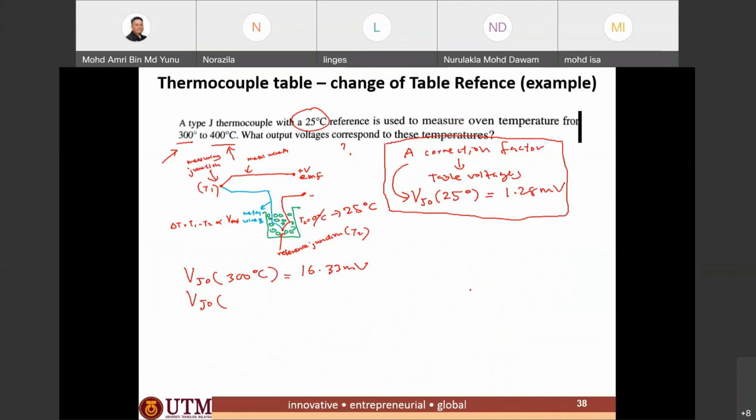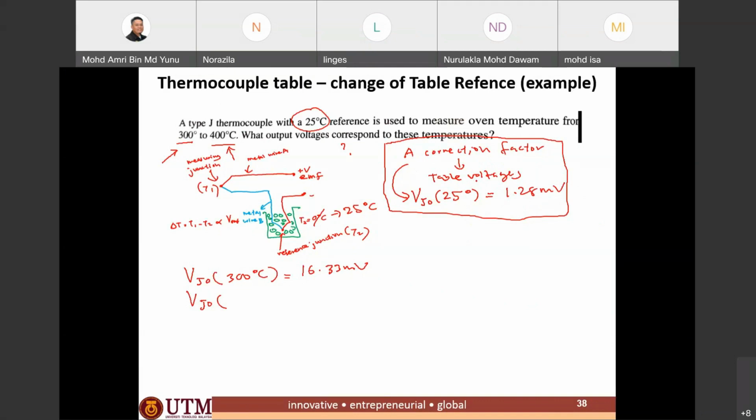But in this case, the correction factor is directly from the table. So you hold this correction factor value first and use it as the correction factor. This correction factor value is not the value of T1 minus T2.